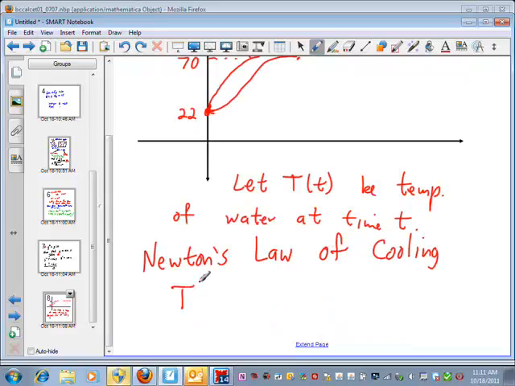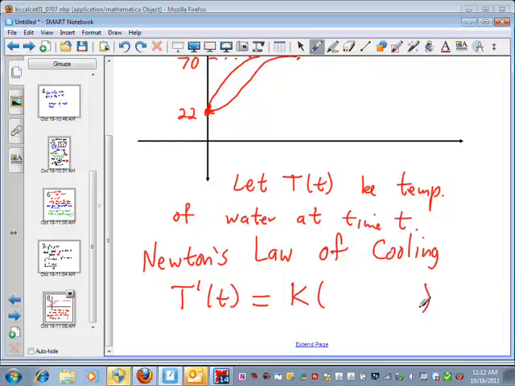Newton's law of cooling says something about the way the temperature changes. The way the temperature changes should be proportional to what? The difference in the room temp and water temp.